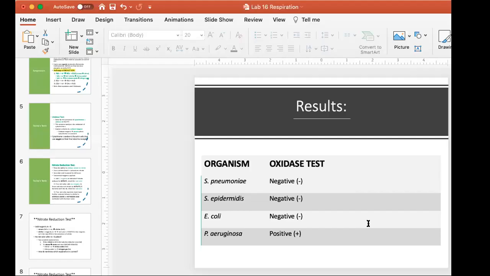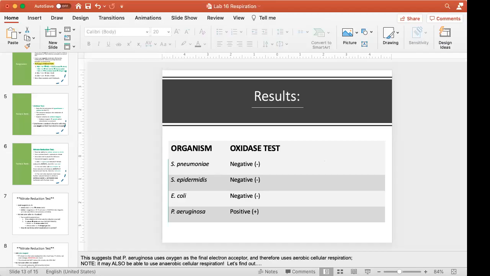All right, so I lost my pictures of the oxidase test, but I do have the results here. The Streptococcus pneumoniae organism will be negative on oxidase. The Staph epidermidis is negative. The E. coli is negative.